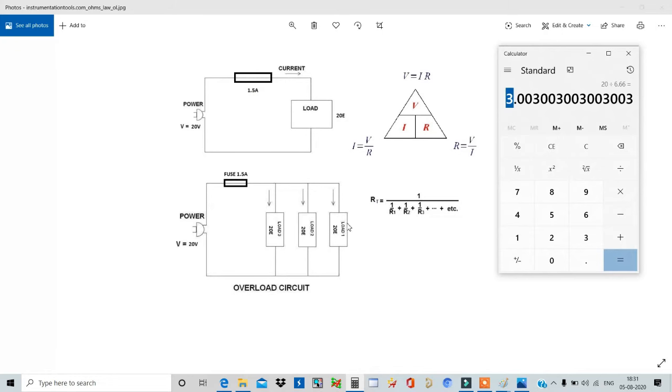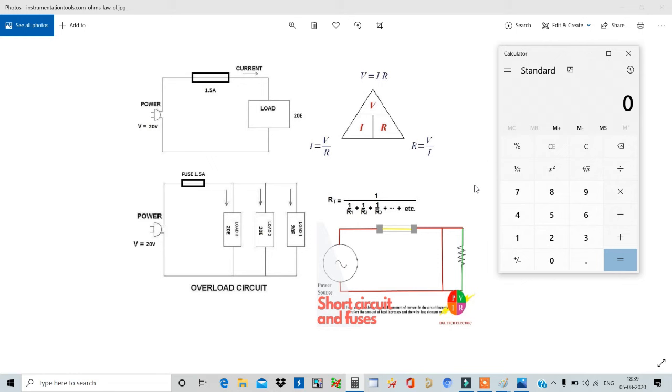When you add the extra 2 loads, the current will increase and flow through the fuse, but the fuse rating is 1.5 amps, so the fuse will get burned. I mean it will break because of overload.